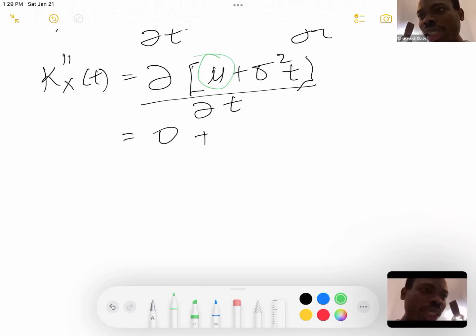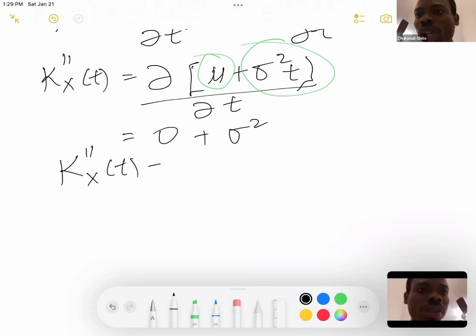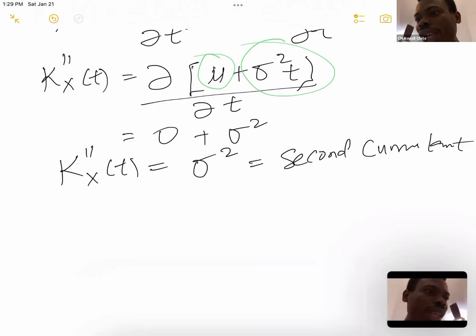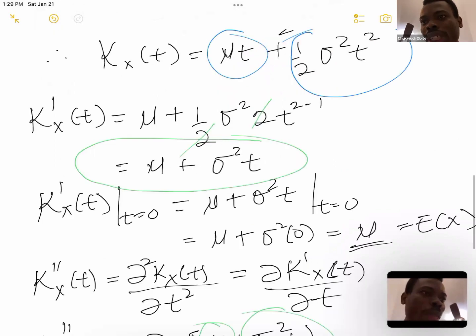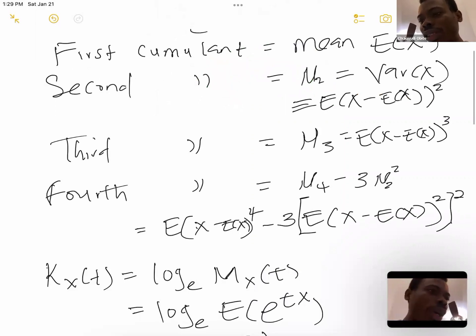If I differentiate sigma squared t with respect to t, I will get sigma squared. So the second derivative of the cumulant generating function is sigma squared. Remember, this is the second cumulant. And like I explained earlier, the second cumulant is the second moment about its mean.